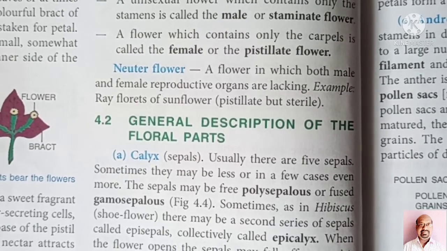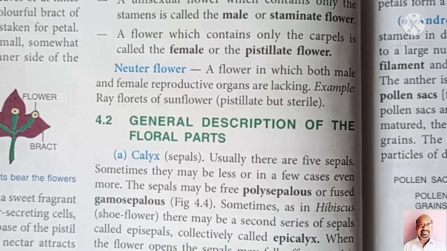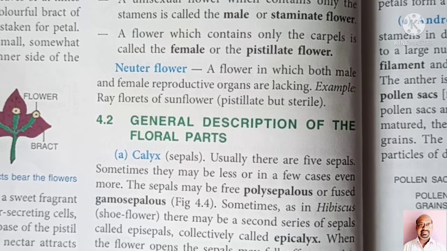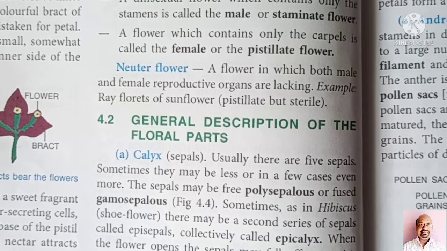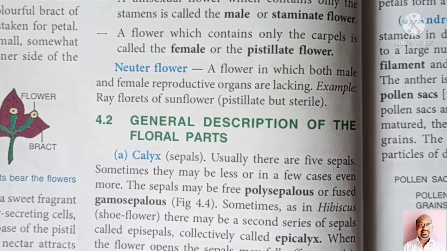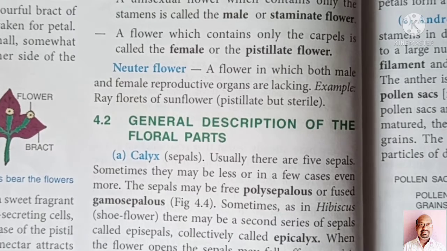So on the basis of sexuality, flowers are of four different types: male flower, female flower, bisexual flower, and neuter flower. A male flower consists only of stamens, means male sex organs, whereas a female flower contains only female sex organs, that is gynoecium, and bisexual flowers contain both male and female organs, like stamens and carpels.